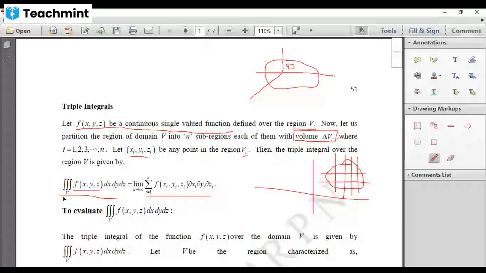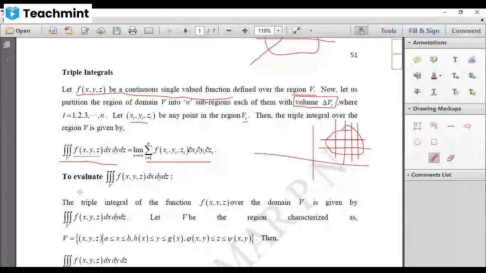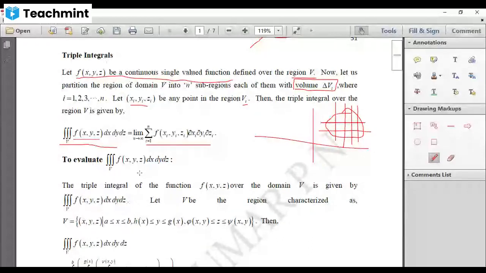Now, how to evaluate this triple integral? As we know, if you want to evaluate the double integral, as we have done in the earlier cases, suppose you have two variables, x and y.